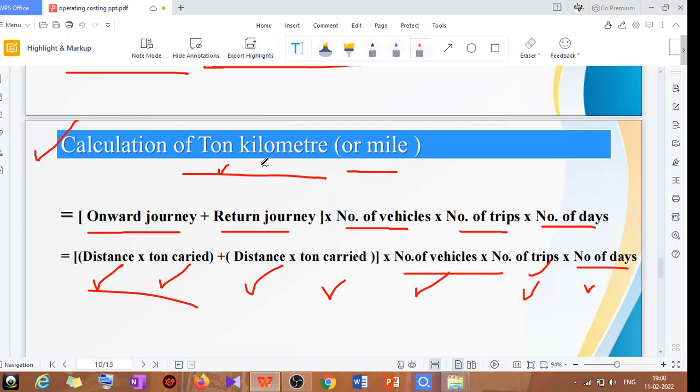In the case of goods, it is ton carried. In the case of passengers, instead of ton there will be passengers. What was the number of passengers in the onward journey? When returning, what was the number of passengers? So distance into number of passengers plus distance into number of passengers when returning, into number of vehicles, into number of trips, into number of days.